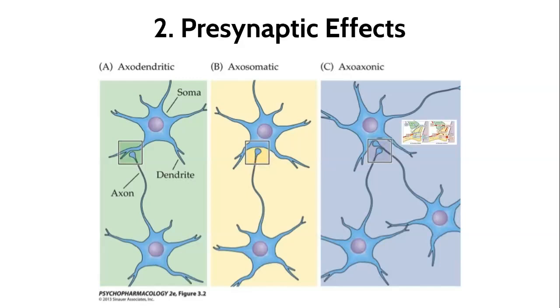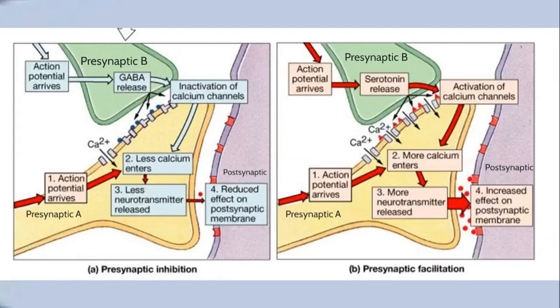And then you have another cell that is coming in and synapsing on the axon of this presynaptic cell, right? And so you can have an effect not just at the level of the cell body and the dendrites, but at the level of the axon. So let's zoom in and look at the two different types of effects that you can have.